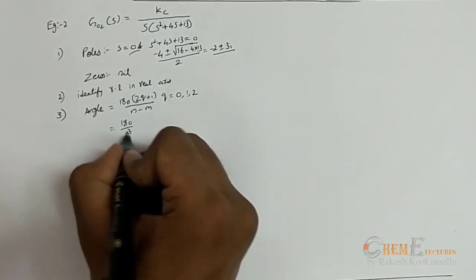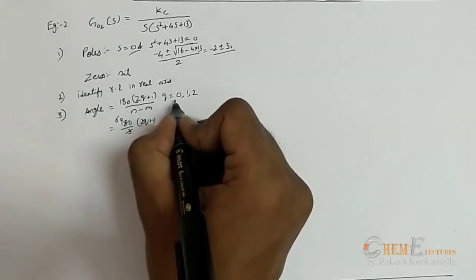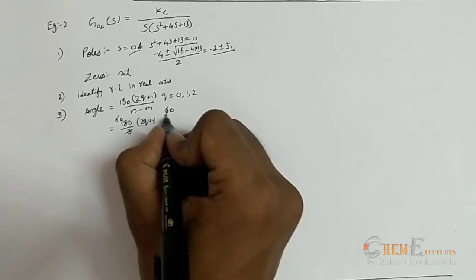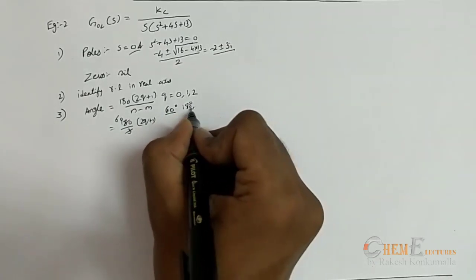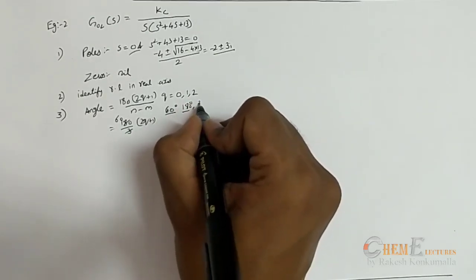So 180 by 3 into (2q plus 1), which will be 60 into (2q plus 1). If I substitute q equal to 0, my asymptote angle is 60 degrees. For q equal to 1 it is 180 degrees, and for q equal to 2 my asymptote angle will be 300 degrees.